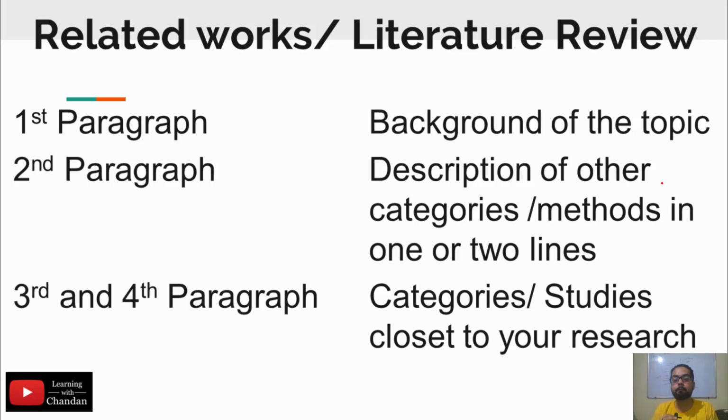Then in the second paragraph, you are going to tell about the other methods in one or two lines, not more than this. While in the third and fourth paragraphs, you are going to talk broadly about those studies that have been done which are very similar to what you are doing.